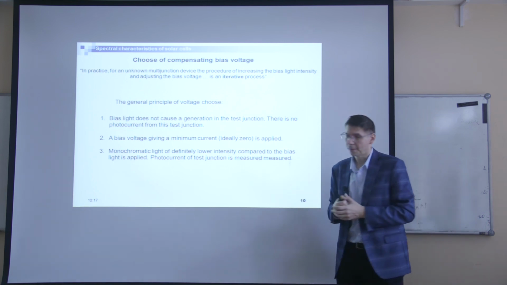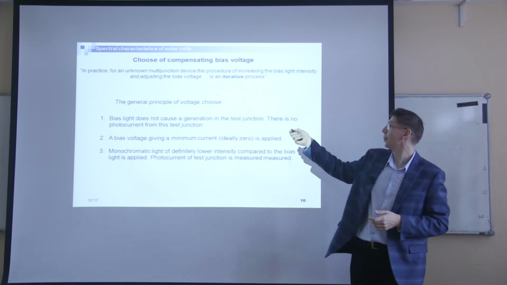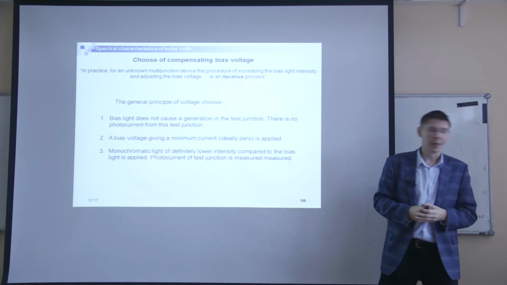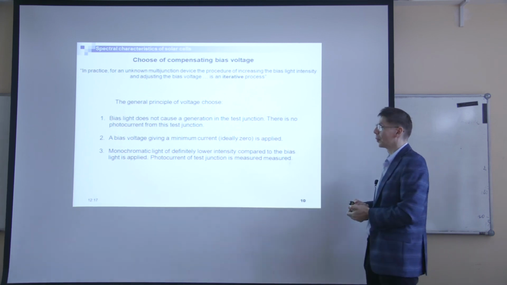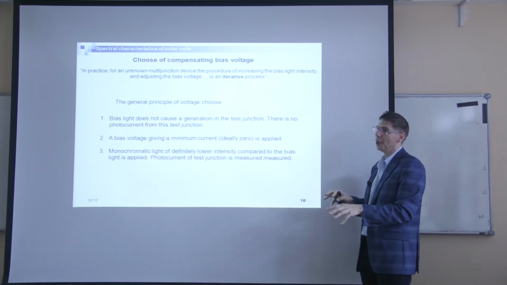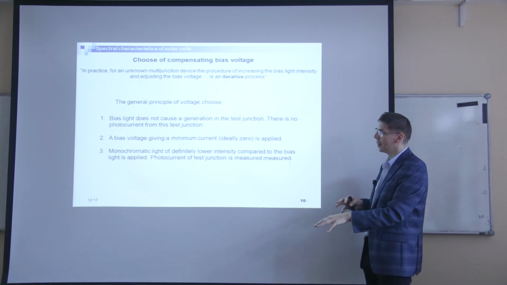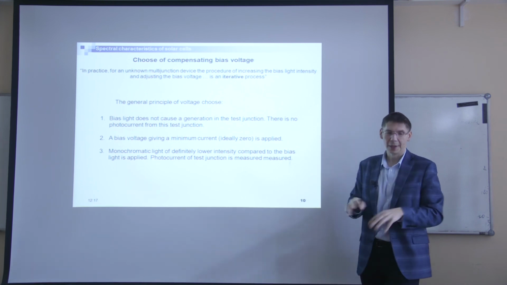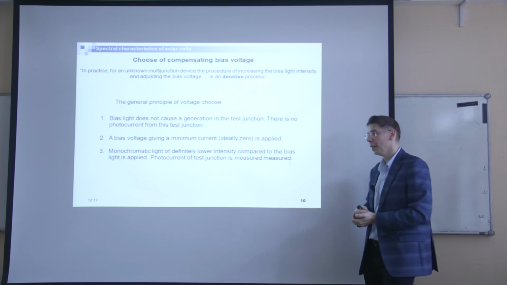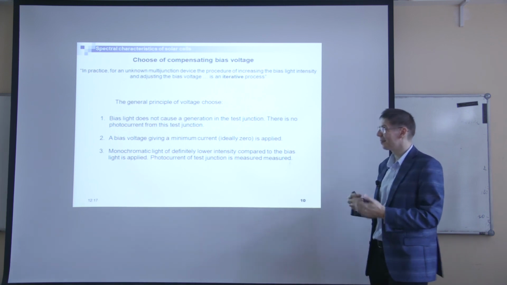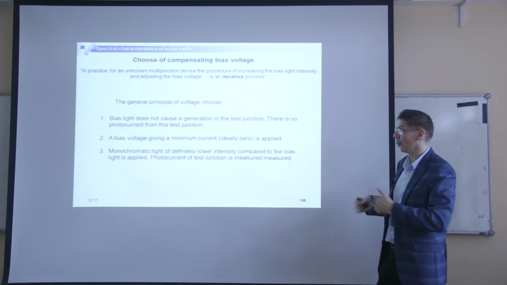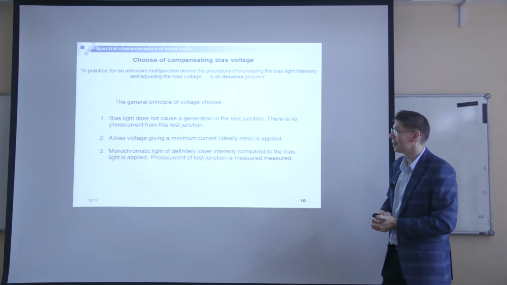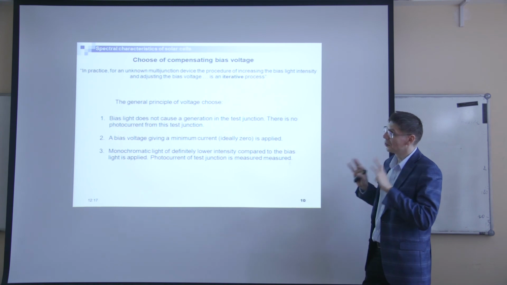So it's really an iterative process. It's easier to say how to do it than to really measure it, because you have to find this condition, to vary the intensity of the bias light, the voltage, because you can get a lot of influence of different parameters. So it's not so easy, but there is some general recommendation.